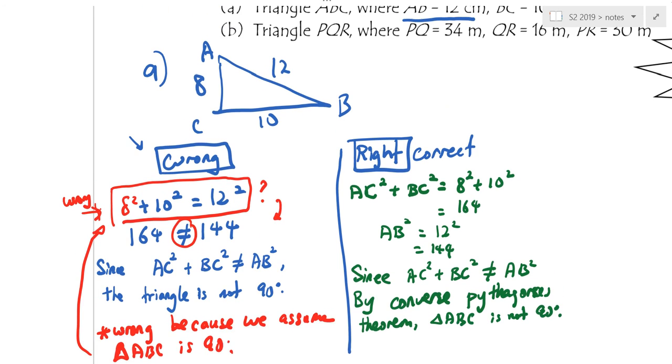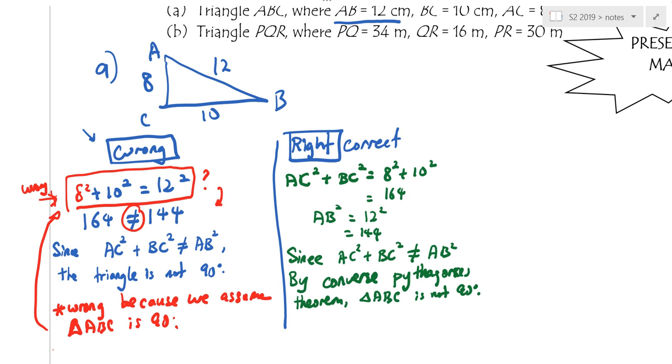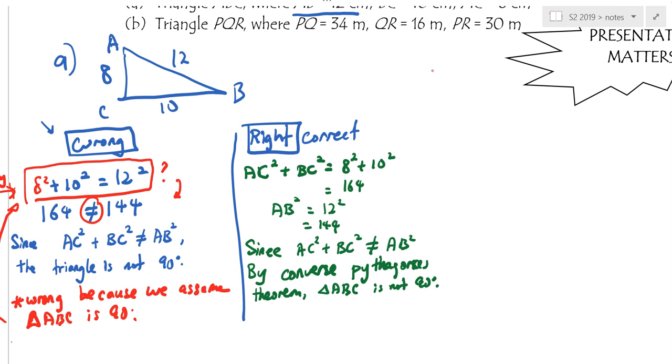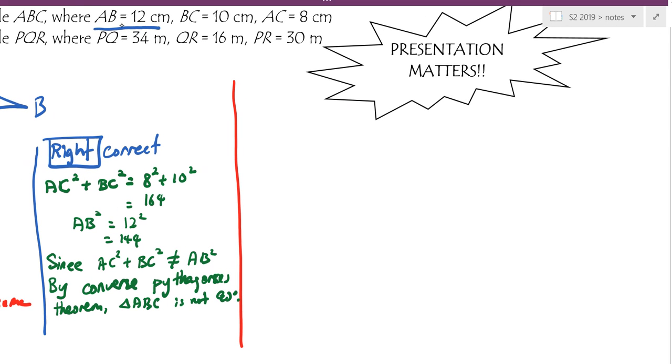So far all understand? Can I scroll the screen at least to show you the correct one, so that I can start with B?